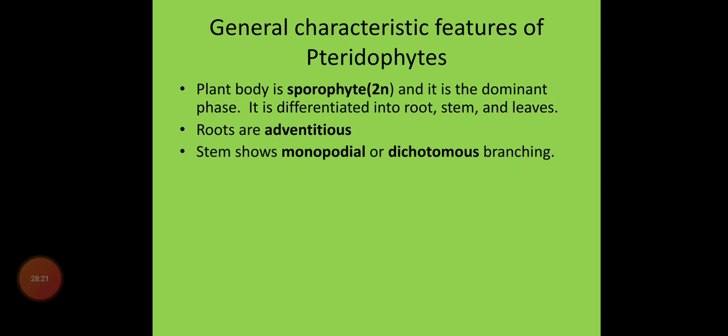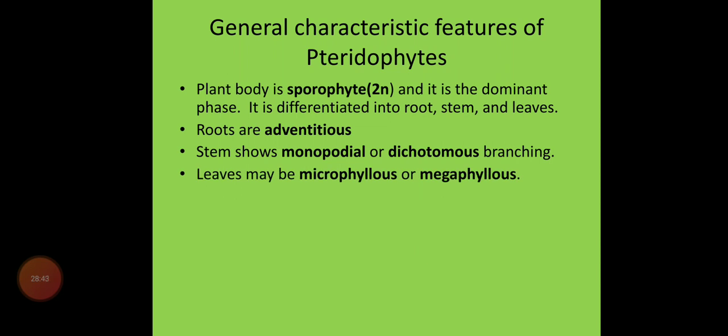The stems are monopodial, without any branches. Monopodial means they are short and erect, and do not have any branches. Or sometimes dichotomous branches are observed in some pteridophytes. And the leaves may be microphyllous or megaphyllous.